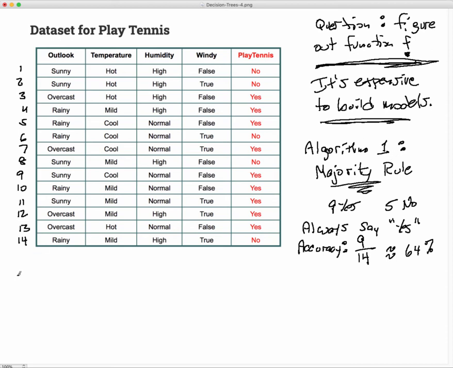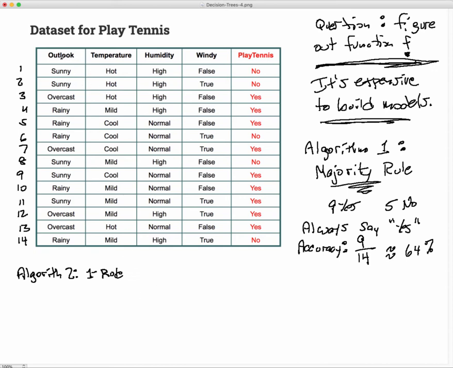So here is algorithm number 2. And algorithm number 2 has a name, and it's called OneRule. And here's the way that OneRule works.